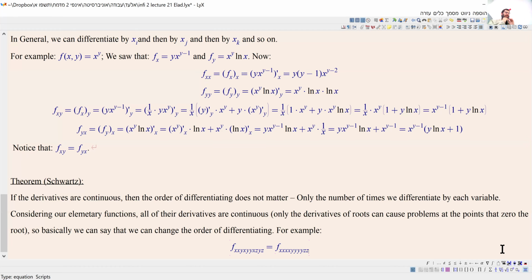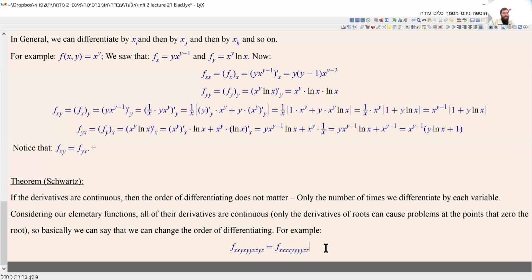We'll see next week that it is important. We're going to use matrices of the second order derivatives, and it's really important that fxy is fyx and so on. But now we can talk about the general case. The general case states that, at least as I put it, if the derivatives are continuous, then yes, they are the same.